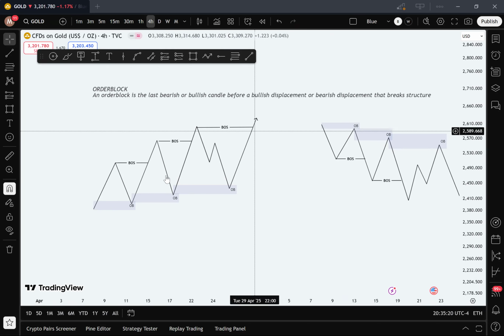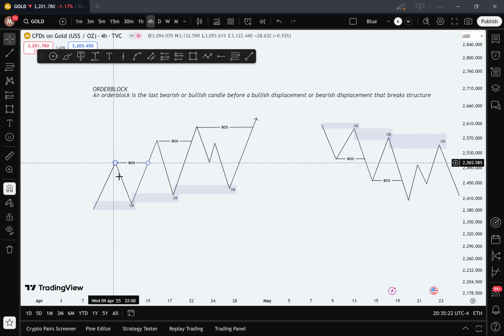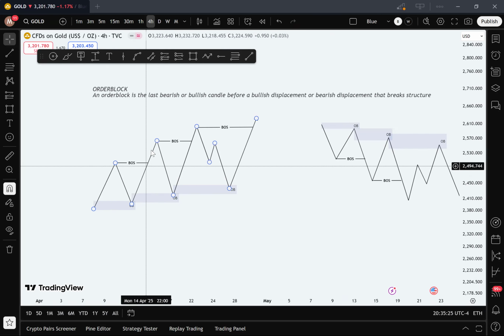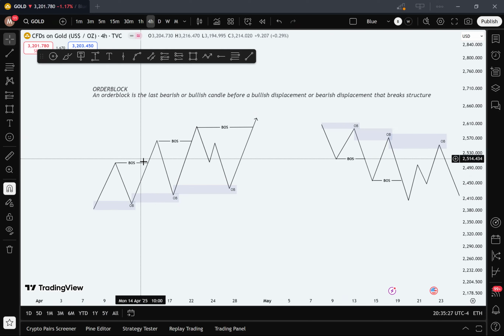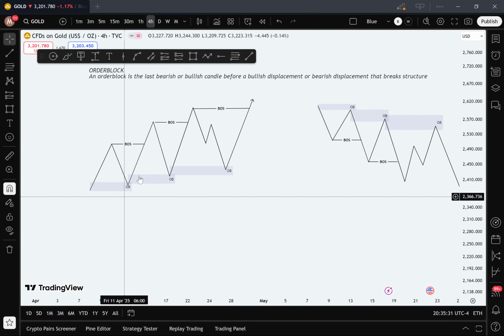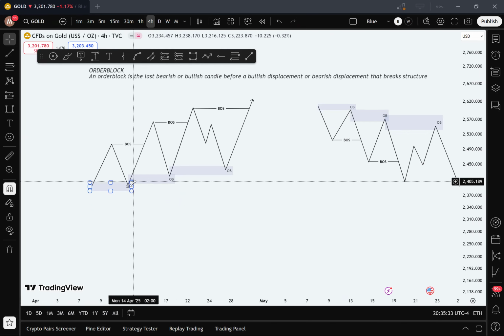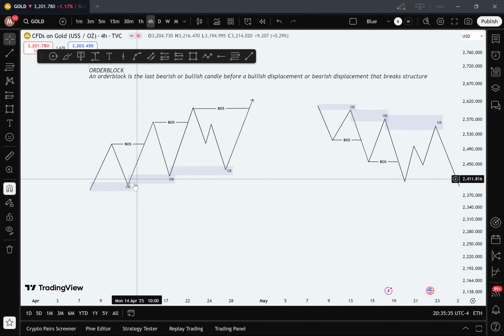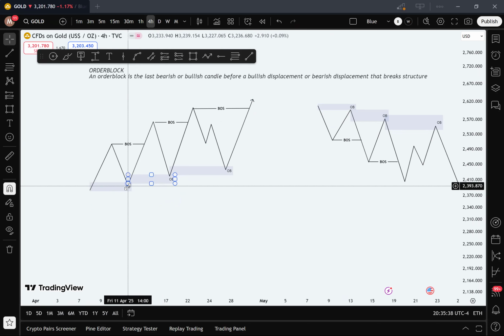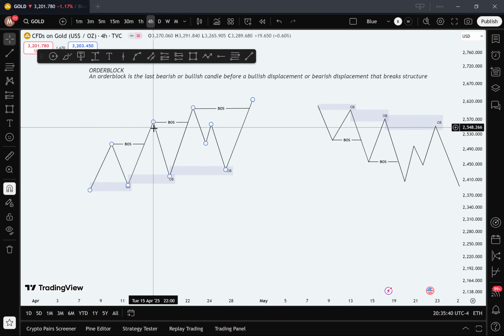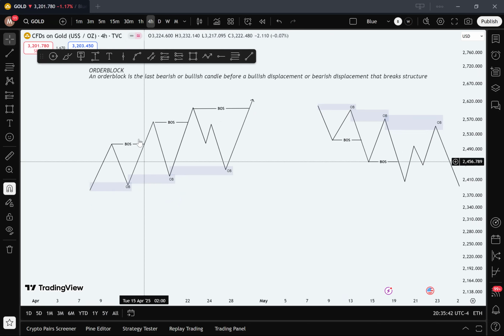When the price comes to this level and then goes up, before or after breaking structure, there is a specific candle right in this movement, from this higher low to a higher high, that caused the break of structure. Order blocks are always in the opposite direction of the trend.